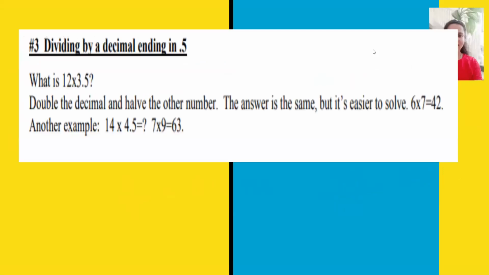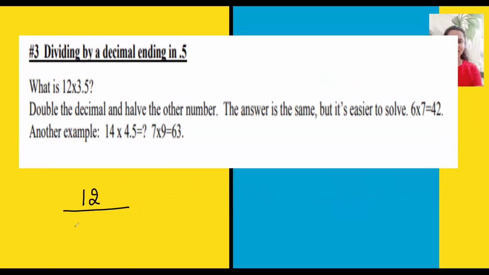Okay. So whenever you are multiplying a decimal ending in 5, like 12 into 3.5, what you need to do is double the decimal and halve the other number. Sorry, we're not dividing, we're multiplying 12 into 3.5, suppose I have to do.